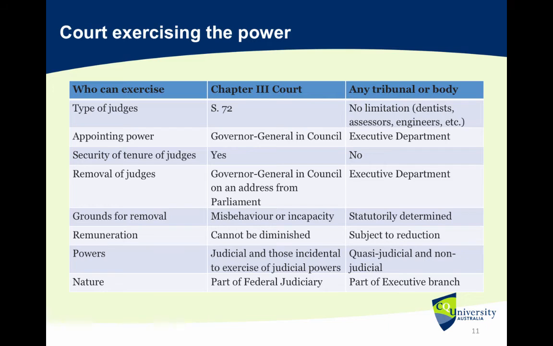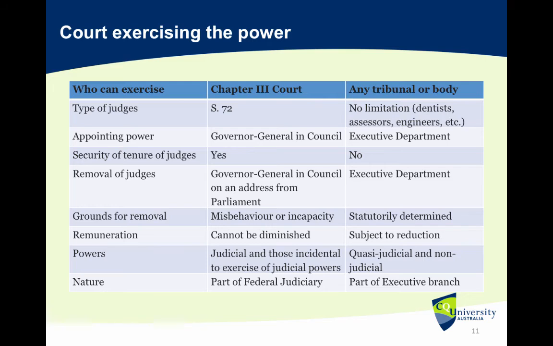Chapter 3 court judges have security of tenure, whereas members of tribunals or bodies don't have security of tenure, in the sense that it is possible that the Parliament, for example, may change the qualifications of members of a tribunal, or they may decide to reduce the number of years of service of a person that forms part of a non-Chapter 3 court.